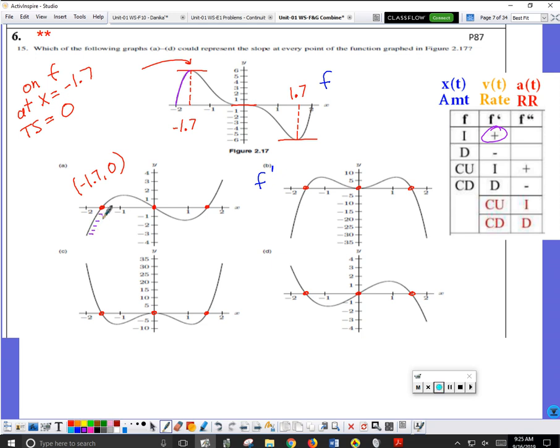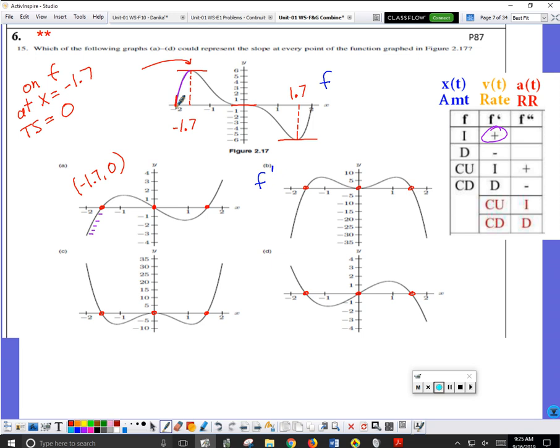That's a mismatch. This negative y coordinate is telling you that this tangent slope up here would have to be a negative value. But the tangent slope right here is positive. The slope is going upward. Danica's chart confirms that when f is increasing, f prime has to be positive. So this does not work.